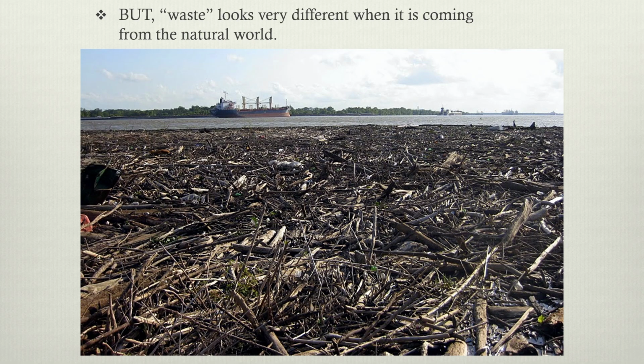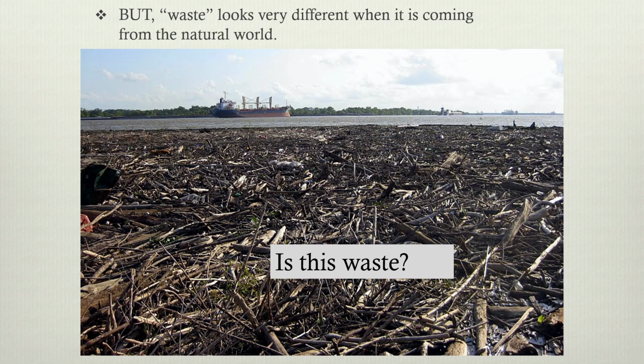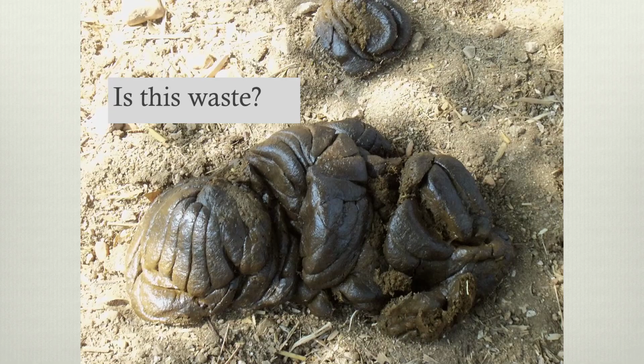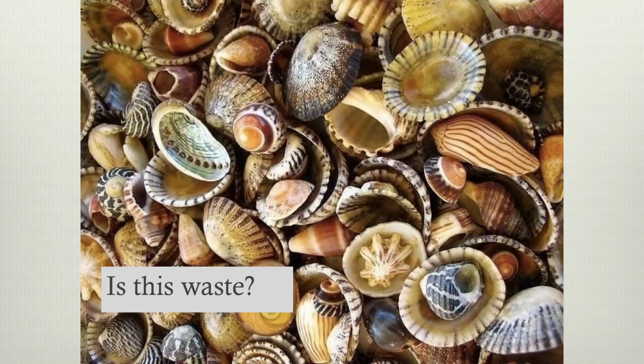The issue here, of course, is that waste looks different depending on where it comes from. So from the natural world, this is waste, but this will break down. Is it really waste when we think about it in terms of human waste? Is this waste? Gross. But is it? It will eventually be reincorporated into the environment, into the ecosystem.